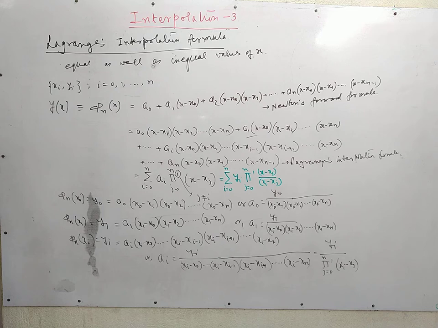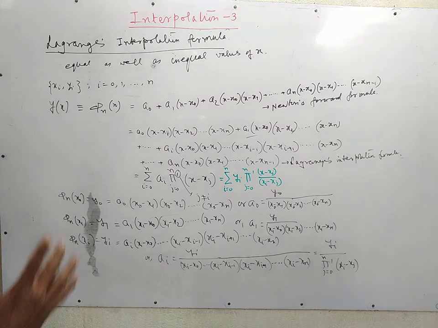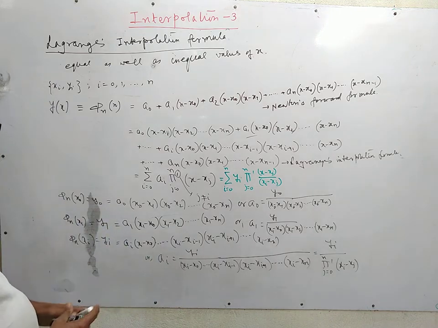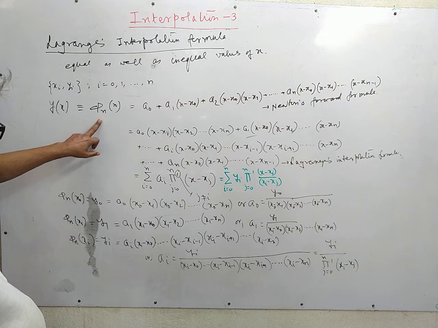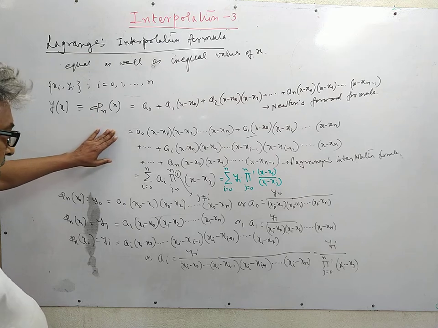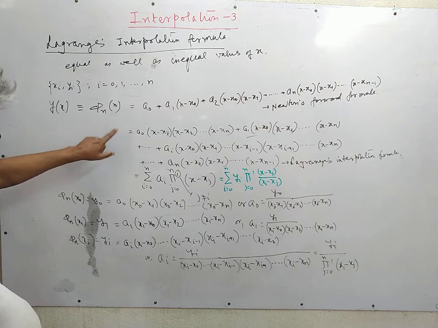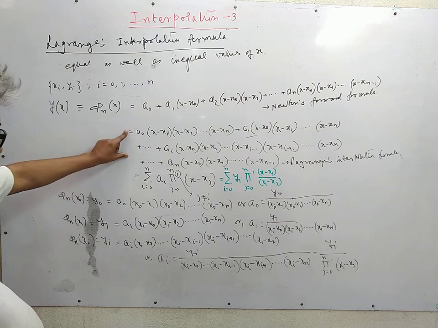Now let me explain the steps once more. The interpolating polynomial, which is a polynomial of order n, is chosen in this fashion.